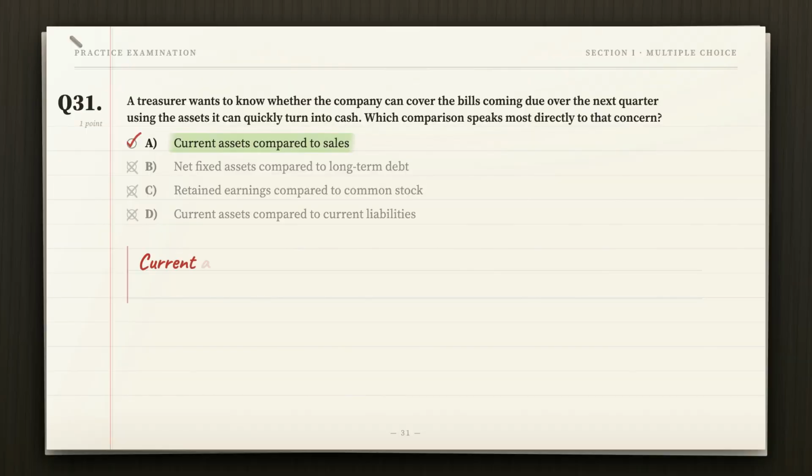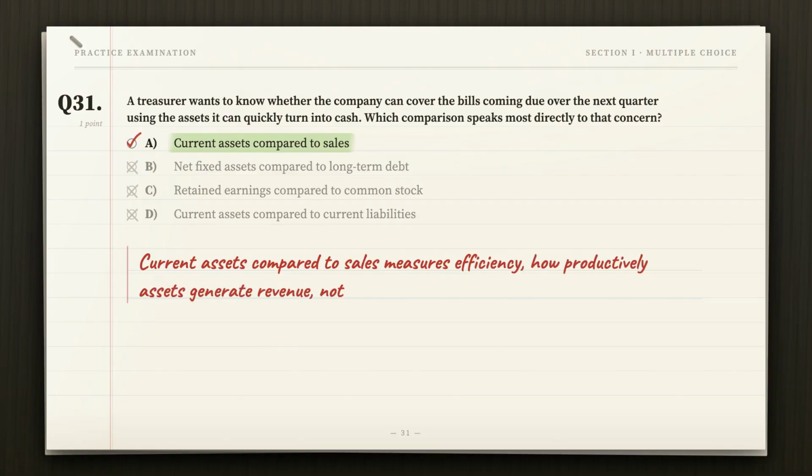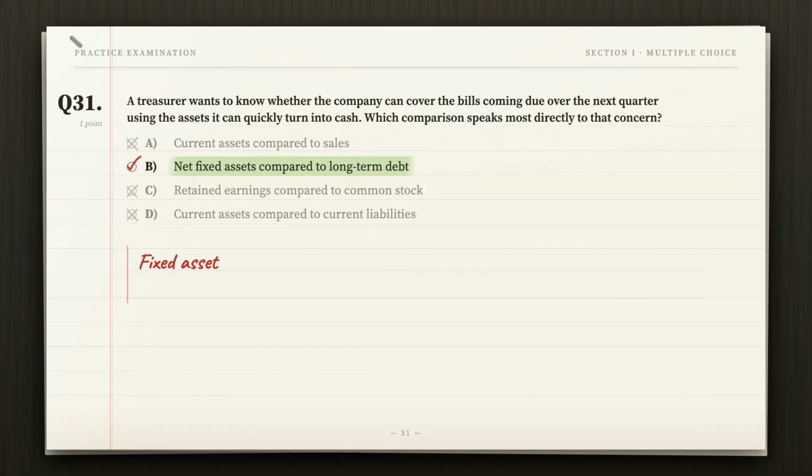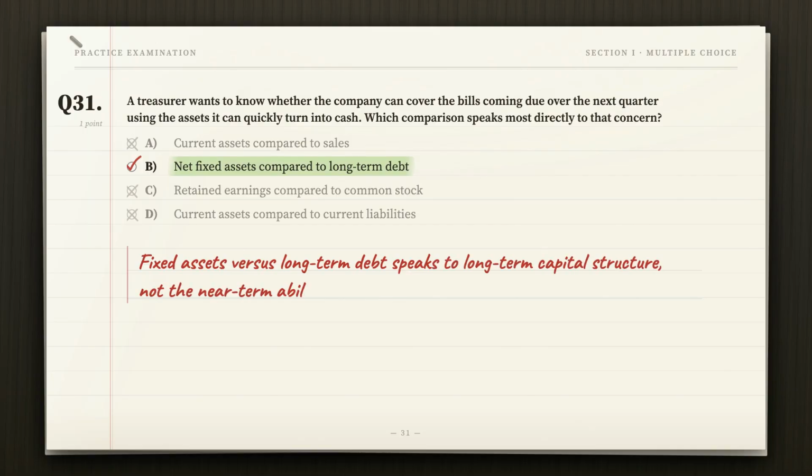A is wrong because current assets compared to sales measures efficiency, how productively assets generate revenue, not whether near-term bills can be paid. B is wrong because fixed assets versus long-term debt speaks to long-term capital structure, not the near-term ability to cover current obligations.